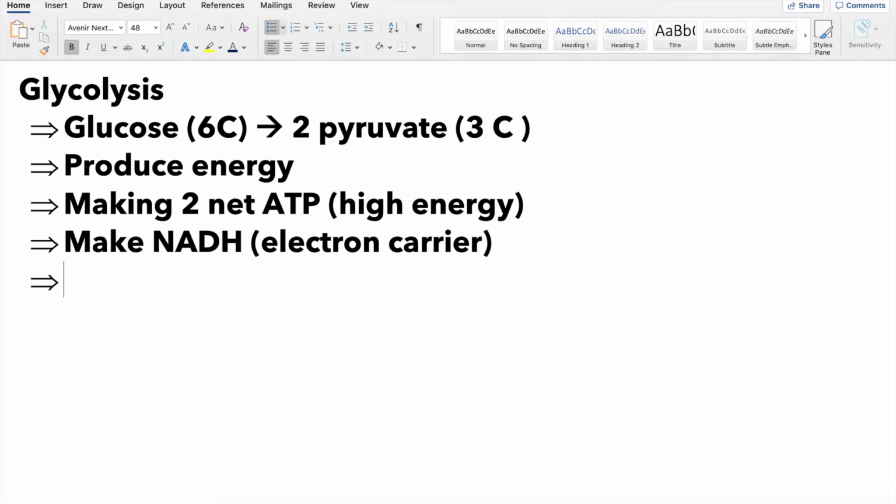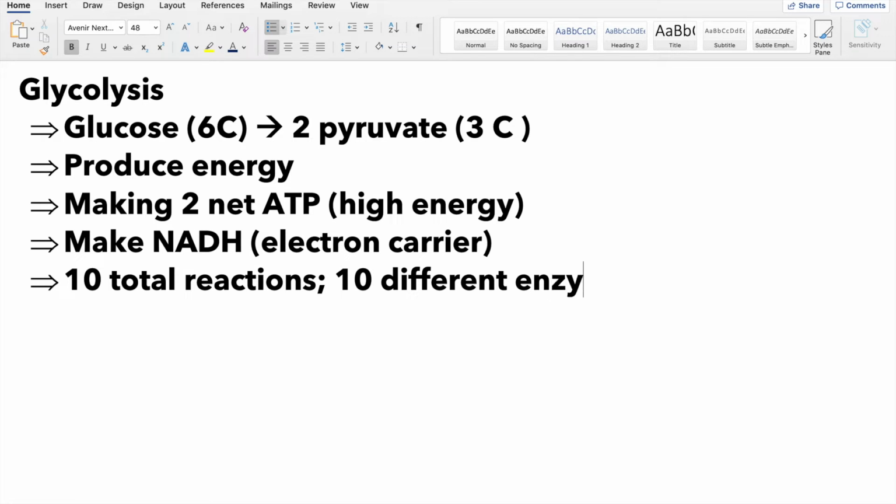Glycolysis is not just one simple reaction. I wish it was. It's actually 10 total reactions. And many of you know that reactions are often catalyzed by enzymes. So you would be correct to think that we have a total of 10 different enzymes.